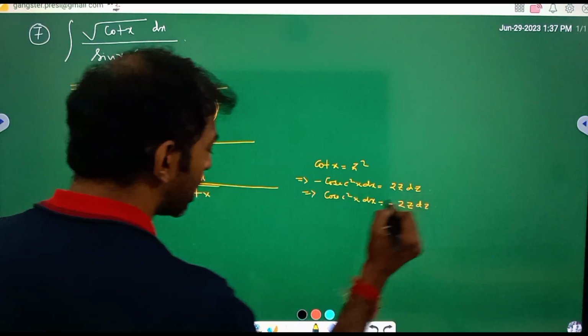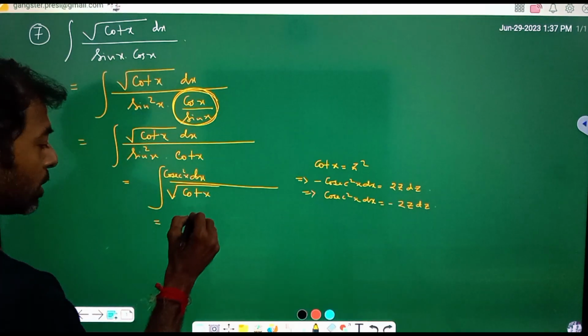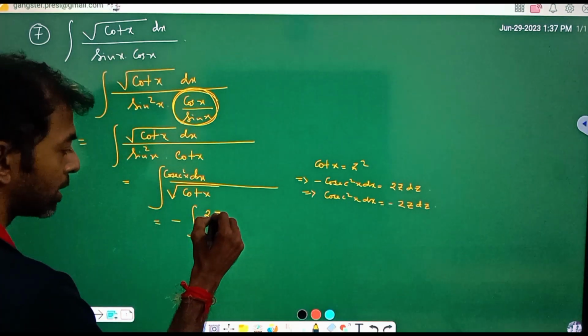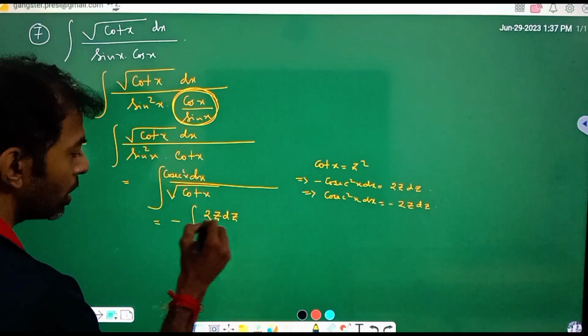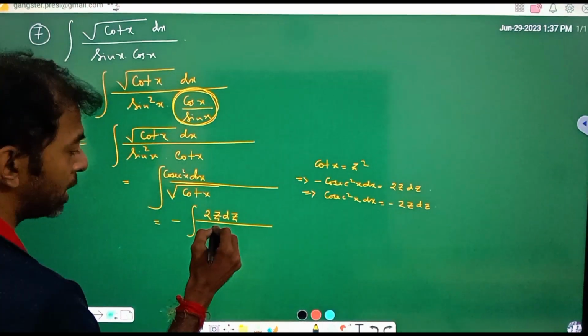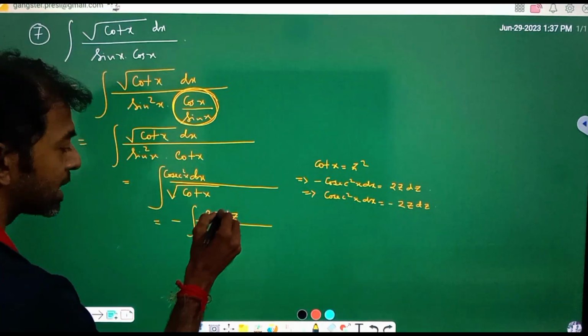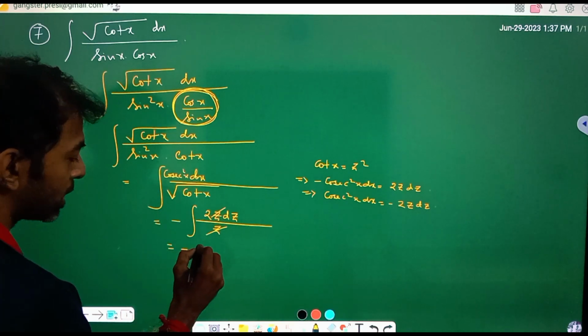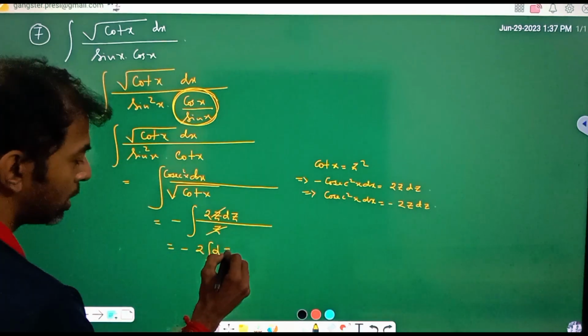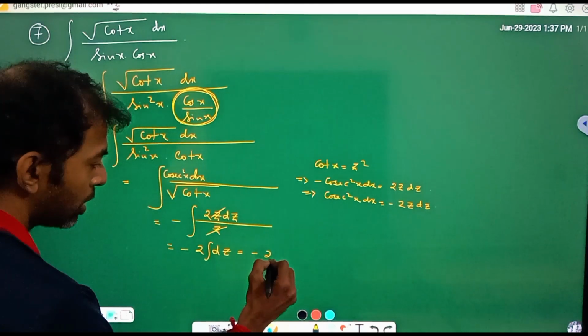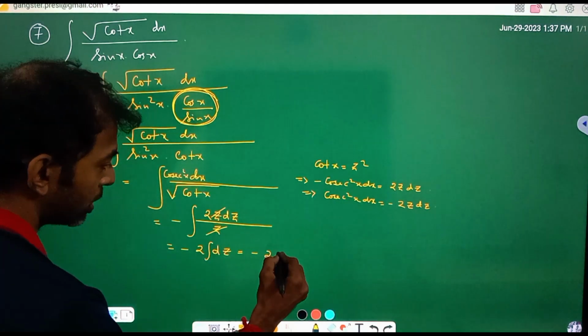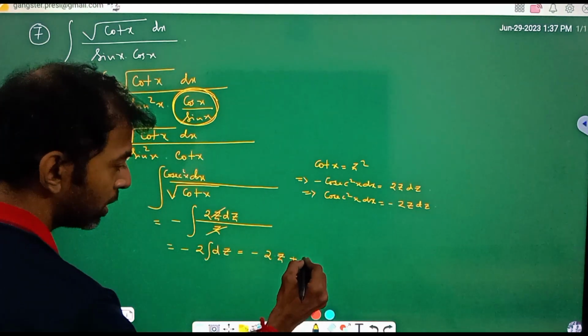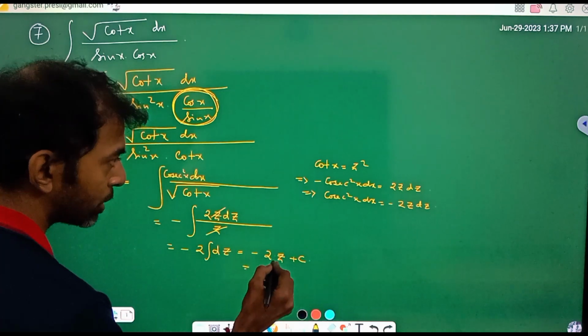So this one will be minus 2z dz, and root cot x will be z. After cancelling z, we will get minus 2 integration dz. After the integration, we will get z. So the total result will be minus 2z plus c.